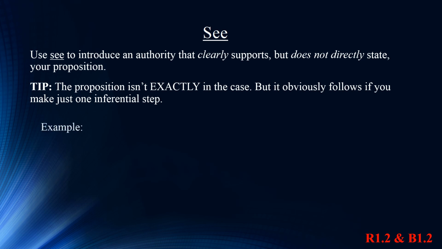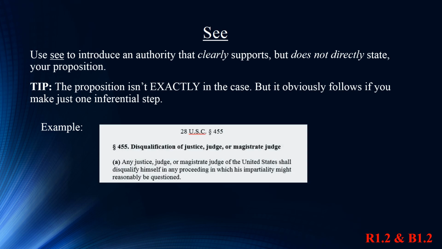Here's an example where See would be appropriate. The federal statute addresses the issue of when a federal judge should disqualify him or herself from a case. As you can see, subsection A says that a judge should disqualify himself in any proceeding in which his impartiality might reasonably be questioned.